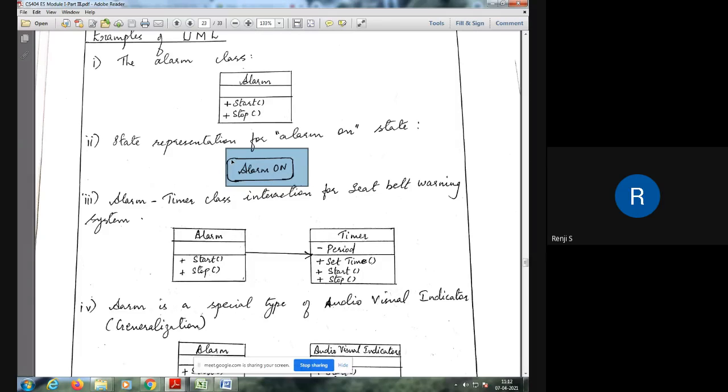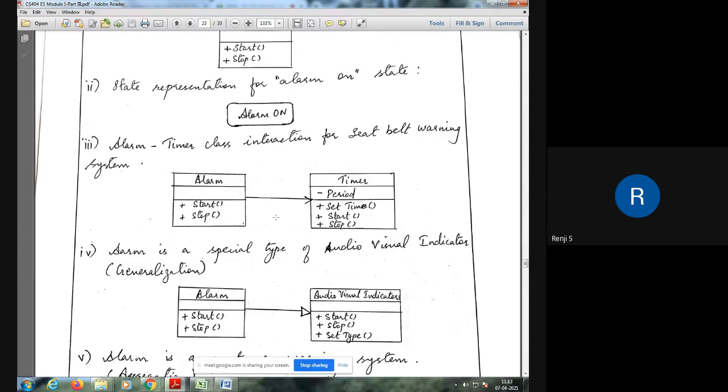So to show the state representation, states are usually represented as rounded rectangles in UML. The corners are rounded. So rounded rectangles represent states in UML, whereas a normal rectangle represents classes in UML. So this first thing is a normal rectangle, it represents a class. Here the rectangle is a rounded rectangle, and so it represents states in UML.